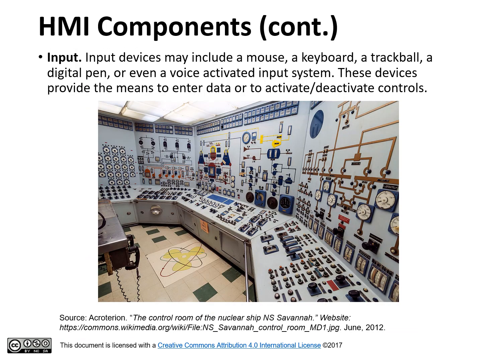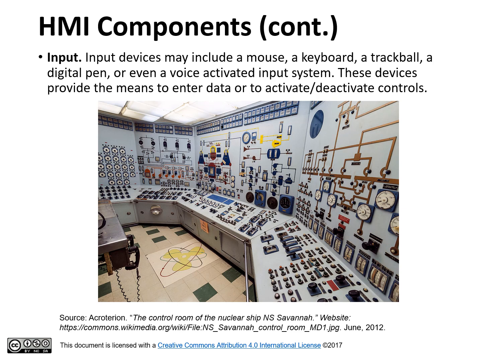Input. Input devices may include a mouse, a keyboard, a trackball, a digital pen, or even voice-activated input system. These devices provide the means to enter data or to activate, deactivate controls.